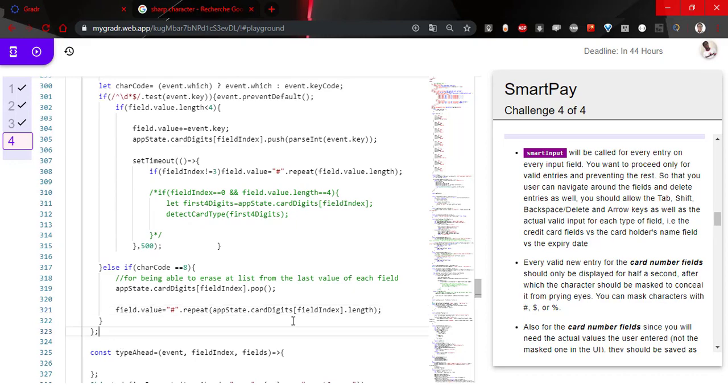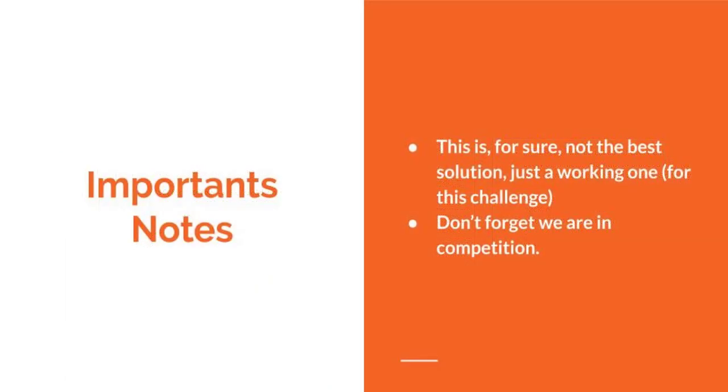But as you probably should have noticed already, this is not the best solution for it. It is just a working solution I made for this challenge, but this kind of code should and must not go into a production app. You know, this is a challenge, a competition. It is not asked of us to provide the best solution. It is asked first to provide a working solution.